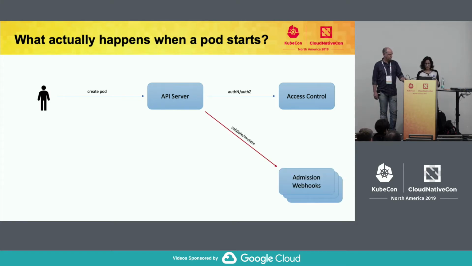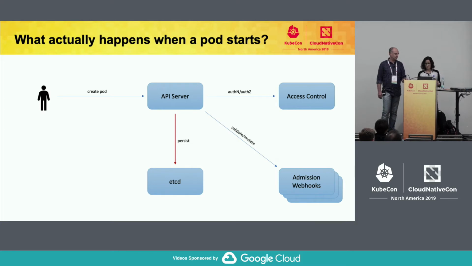It calls the admission webhook to validate or mutate the pod. And we will see later how exactly Istio comes in using another admission webhook, and an example of how exactly it influences the startup time.